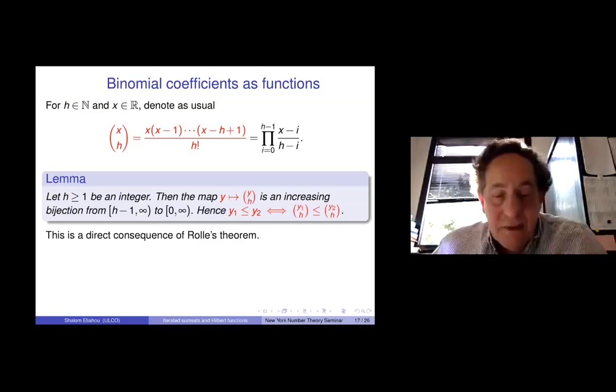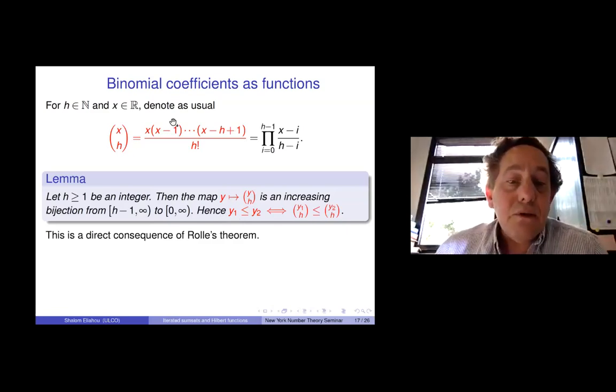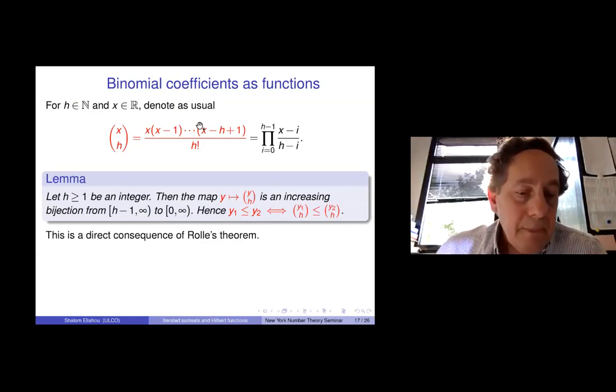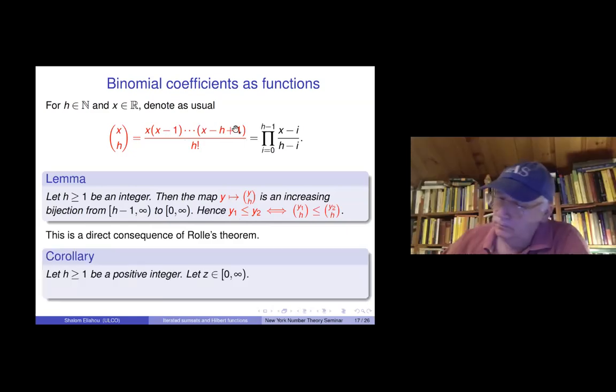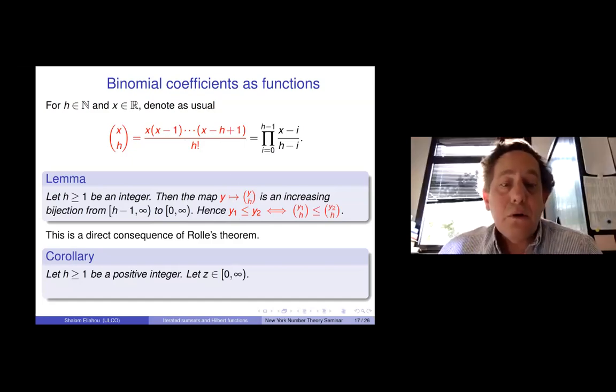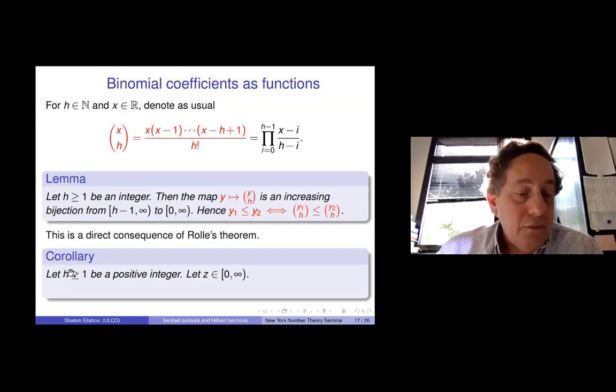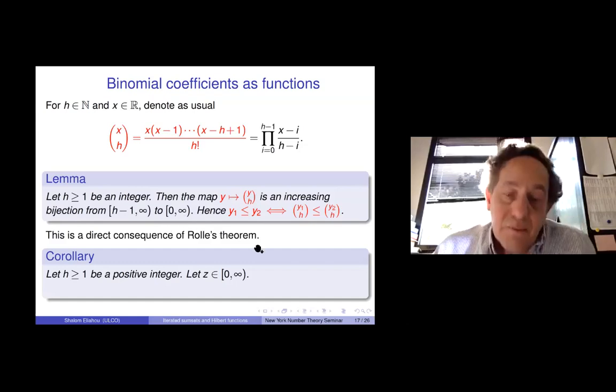And this is a direct consequence of Roth's theorem because the roots are simple here, so that's easy enough. And here's a corollary. We shall need this corollary very much. If you take a positive integer and any real number z here, then you take the inverse bijection.